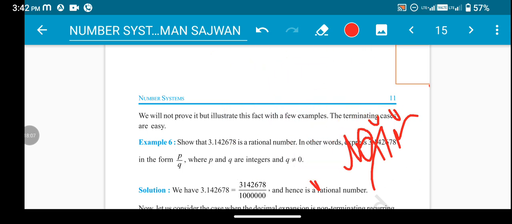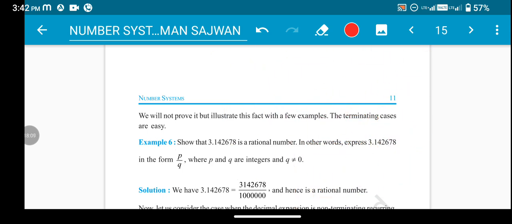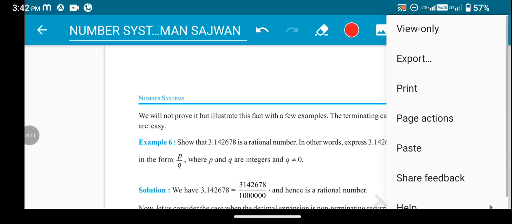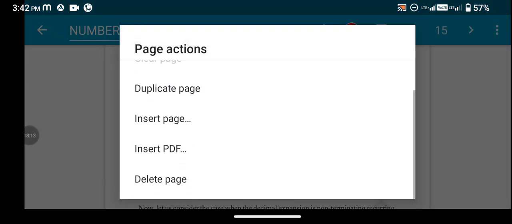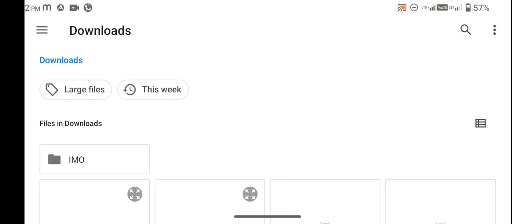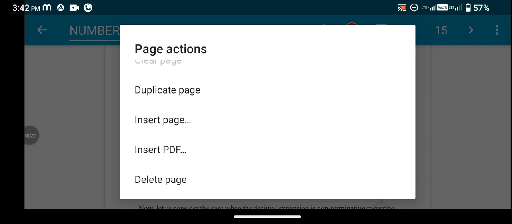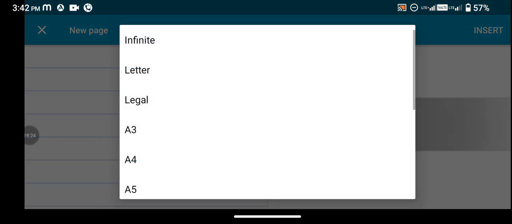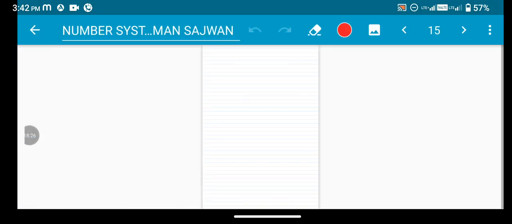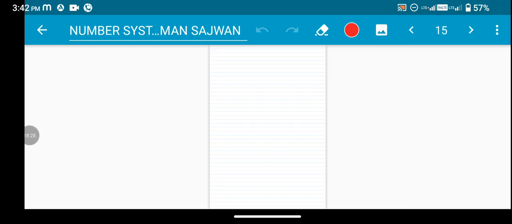Okay, I am inserting a page to explain vulgar form. What is it all about?